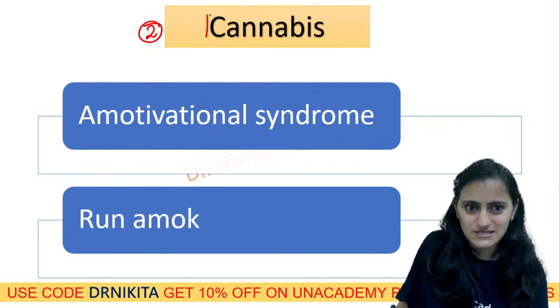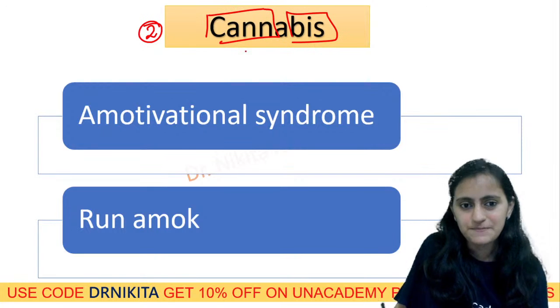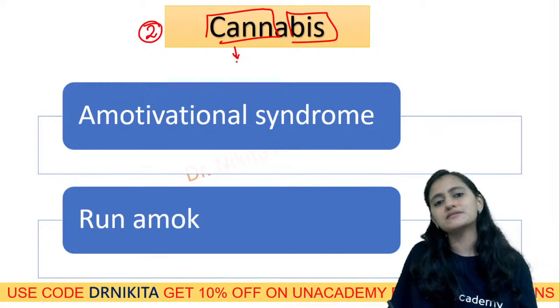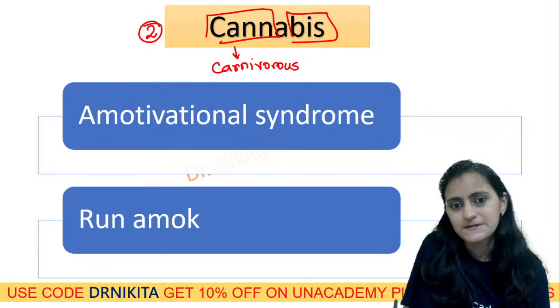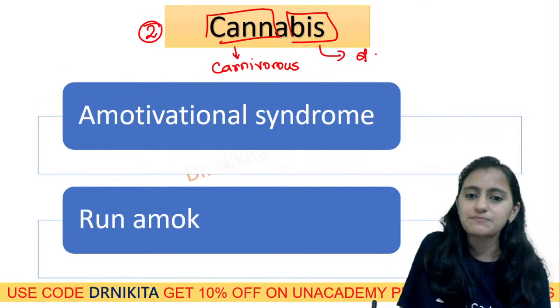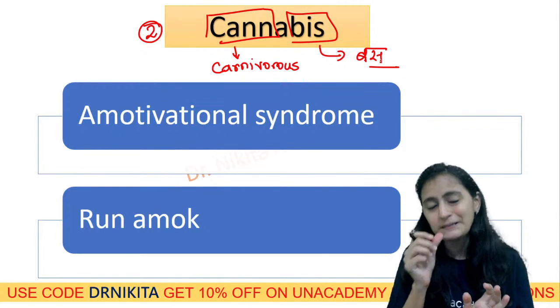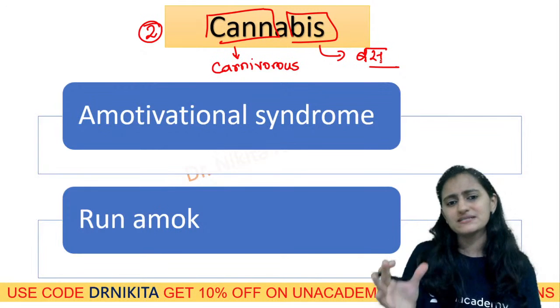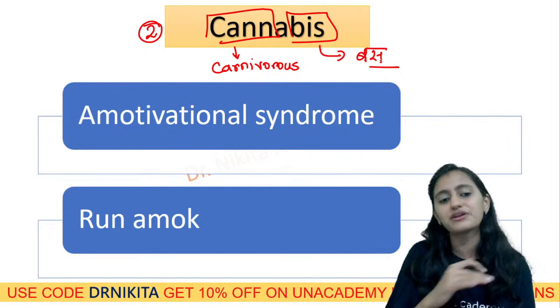So cannabis, decode this term, divide this term canna and bis. What happens with cannabis is, canna means the patient turns carnivorous, and the patient says bis is bus. Bus ho gaya, mujhe aur kuch nahi karna hai. So cannabis, carnivorous. Carnivorous is what? Like the patient kills everyone, run amok.